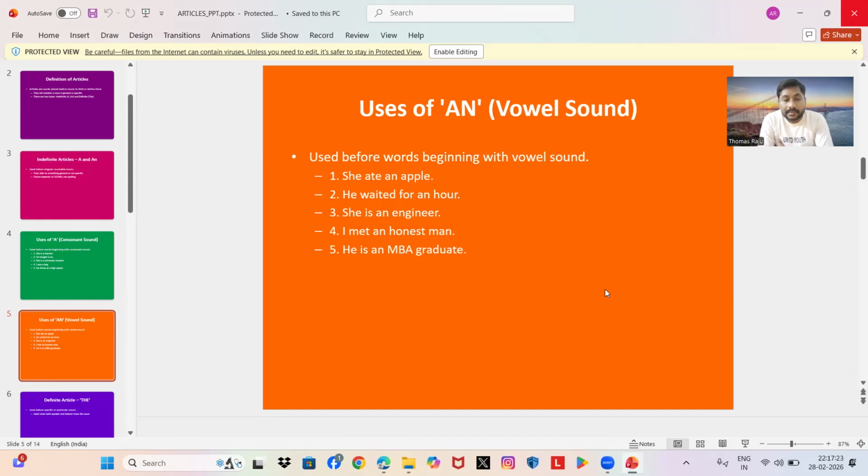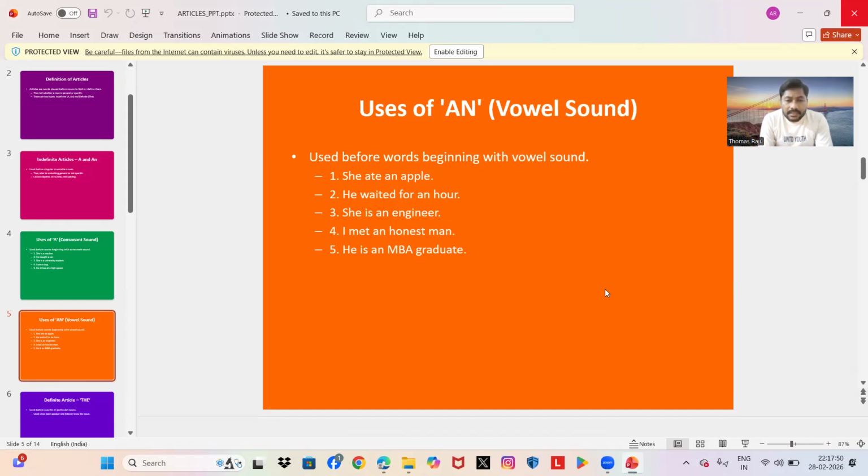An apple is a vowel sound. He waited for an hour. It is not "hour" but "an hour"; H is silent here. He waited for an hour, half an hour, 2 hours, 3 hours. Even though it begins with the letter H, which is a consonant, it produces the vowel sound.